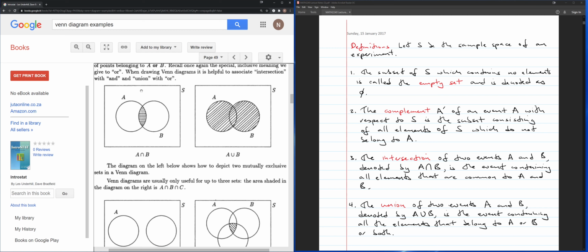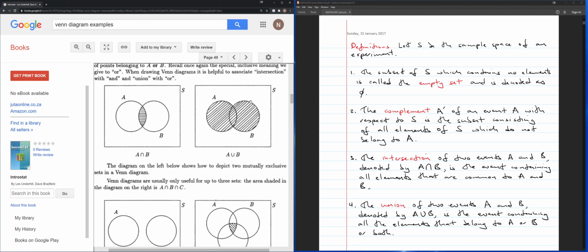So this is a normal Venn diagram, which I'm quite sure you saw already. Diagrammatically, the intersection of A and B consists of all the elements that are in common, that belong to both A and B. So that is what this says over here.